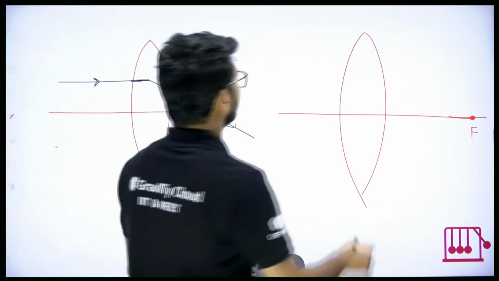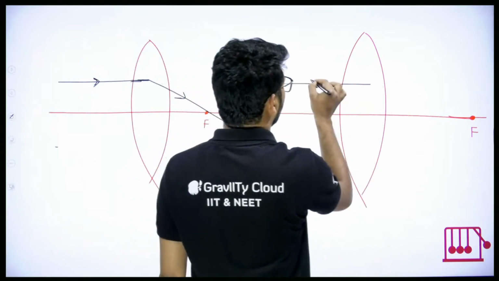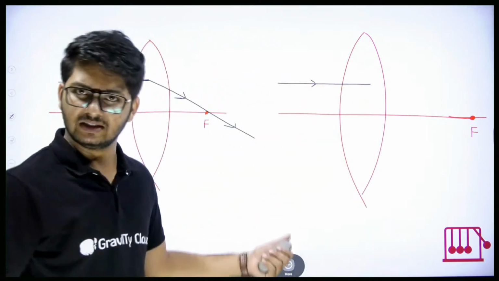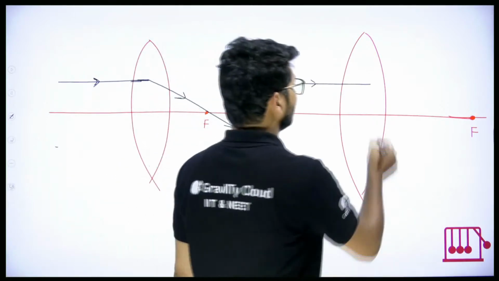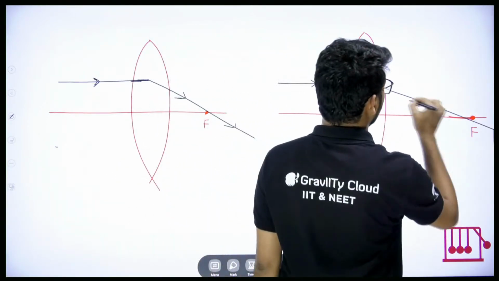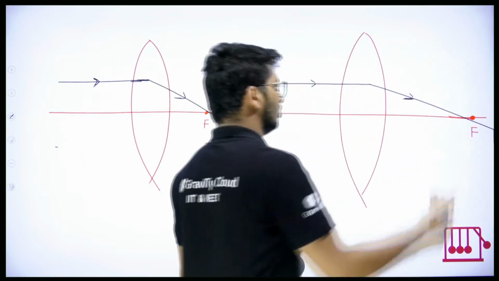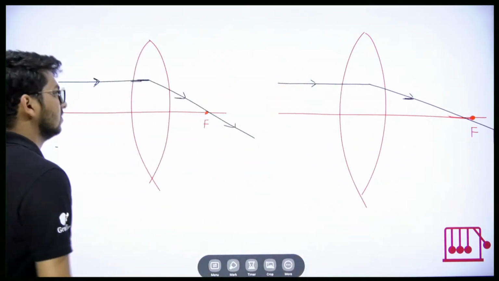Simple enough. The same thing, I'll again take a ray parallel to the principal axis in this case also. And what happens in this case? The same thing happens. It passes through a point on the principal axis called focus.